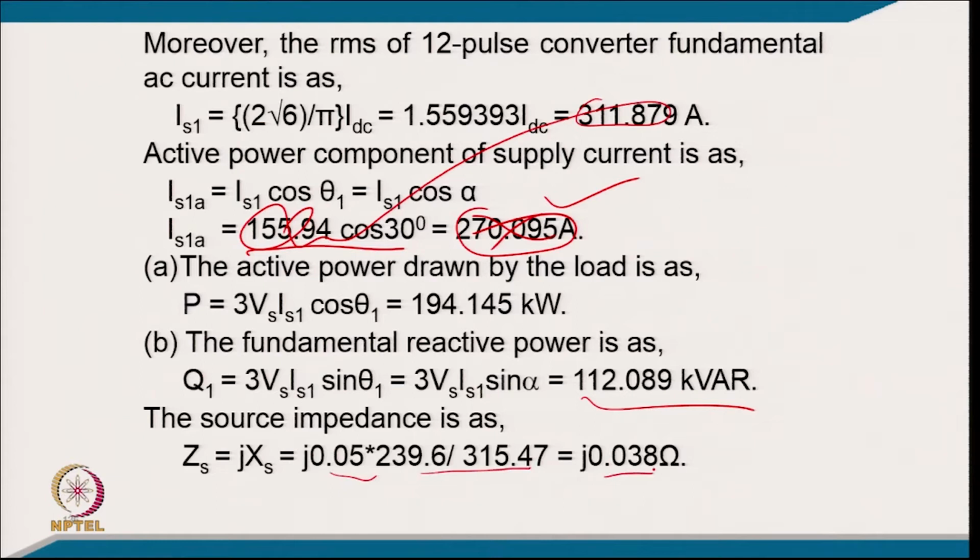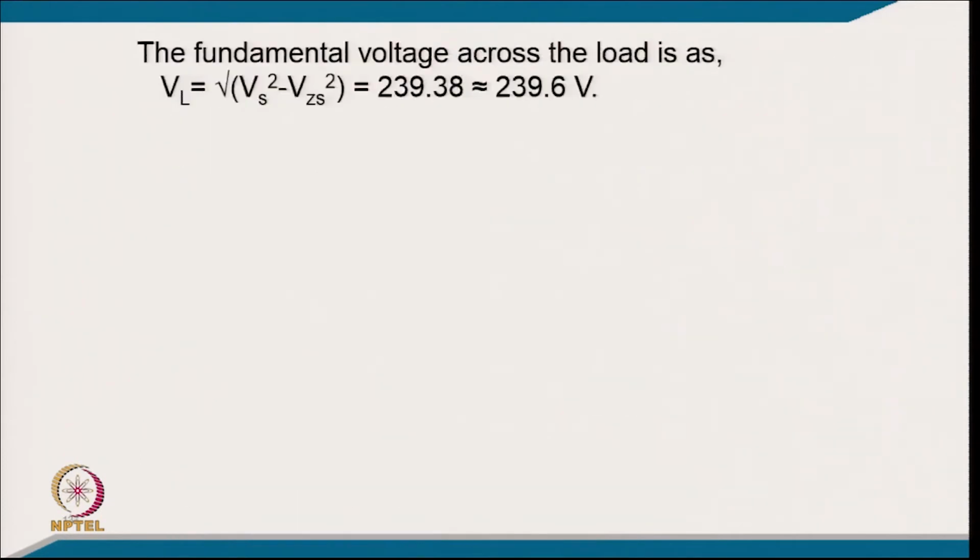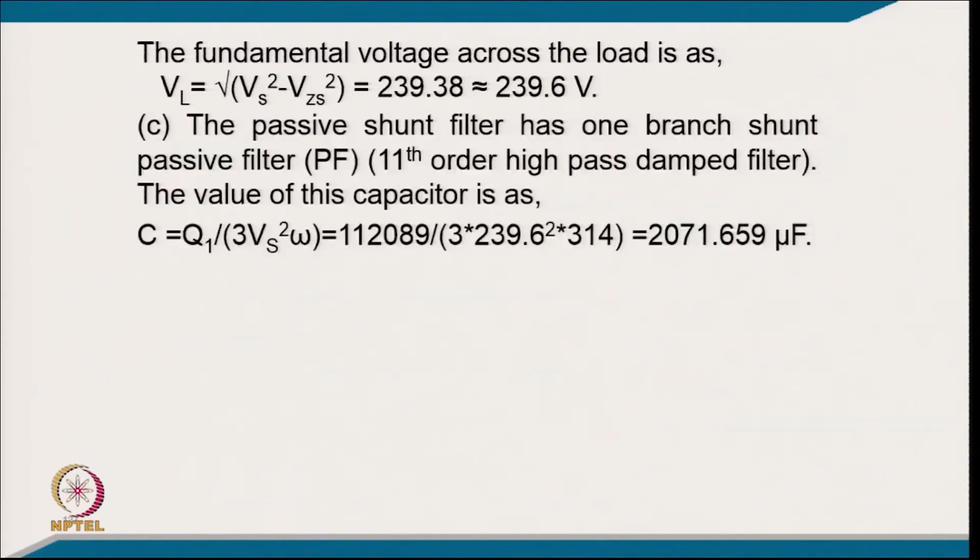So, it comes 0.038 ohm, and the voltage drop across the source impedance is j 270.0 into 0.038, that comes j 10.257 volt, and the fundamental voltage across the load is equal to root of Vs square minus Vzs square, that comes 239.38, very close to the supply voltage 239.6 volt.